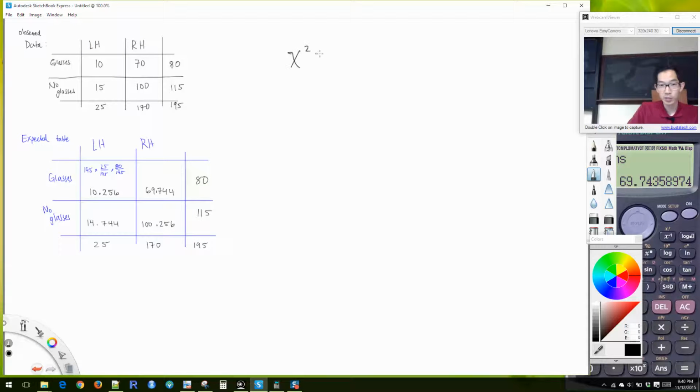The Chi-Squared Statistic, again, measures the discrepancy between what we observed and what we expected. And so we do 10 minus 10.256 squared over 10.256 plus, and the order doesn't matter because we're adding them all up.